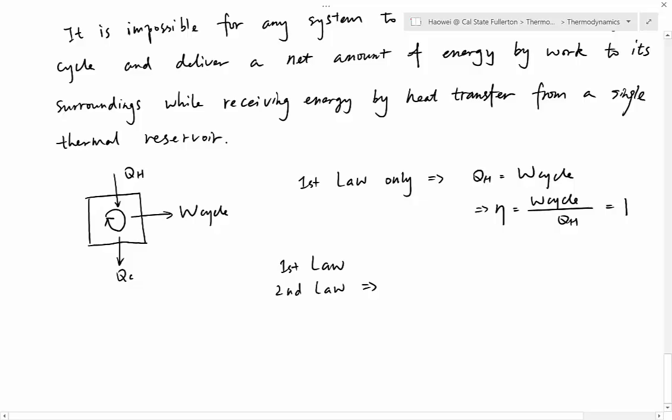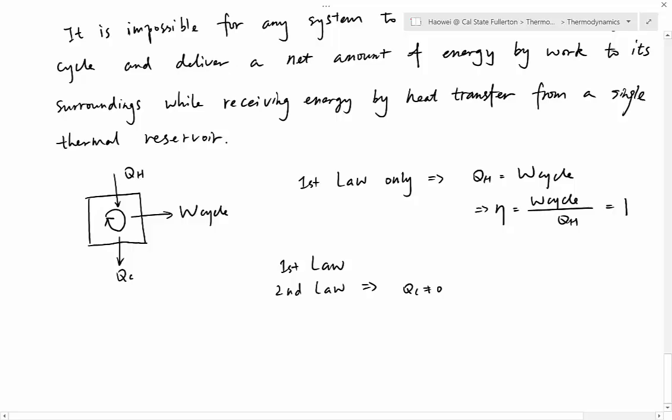Think of the exhaust coming out of the engine. It's still hot and it just goes to the environment, which is at a lower temperature. What is happening is the engine is losing heat. We call it QC, to a lower temperature, we call it TC. Second law says QC will never be zero. You have to lose heat.